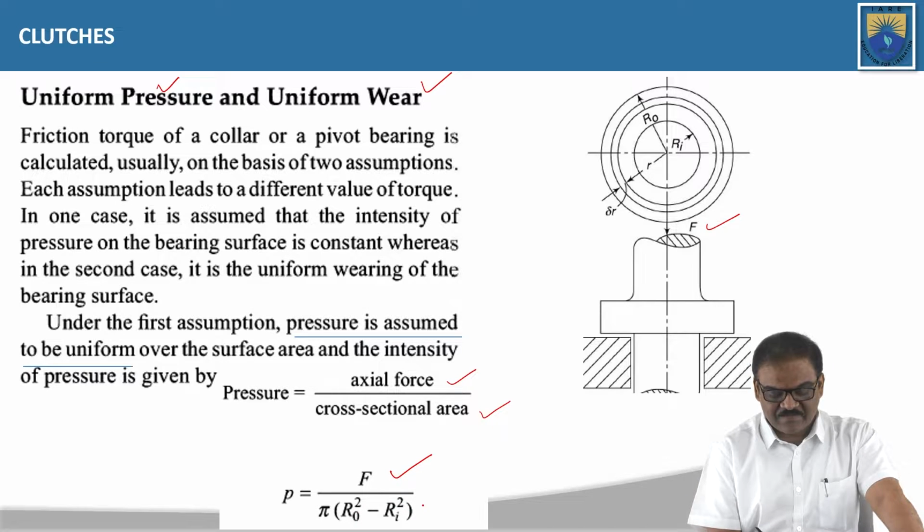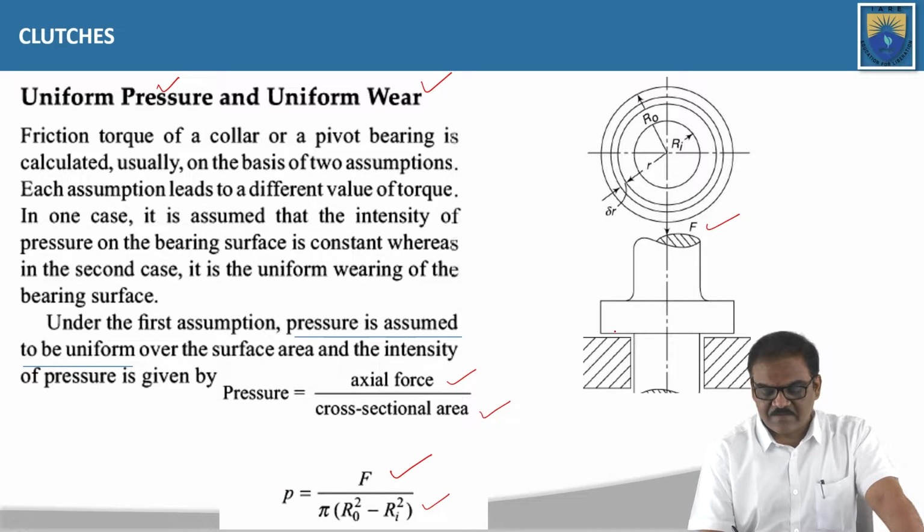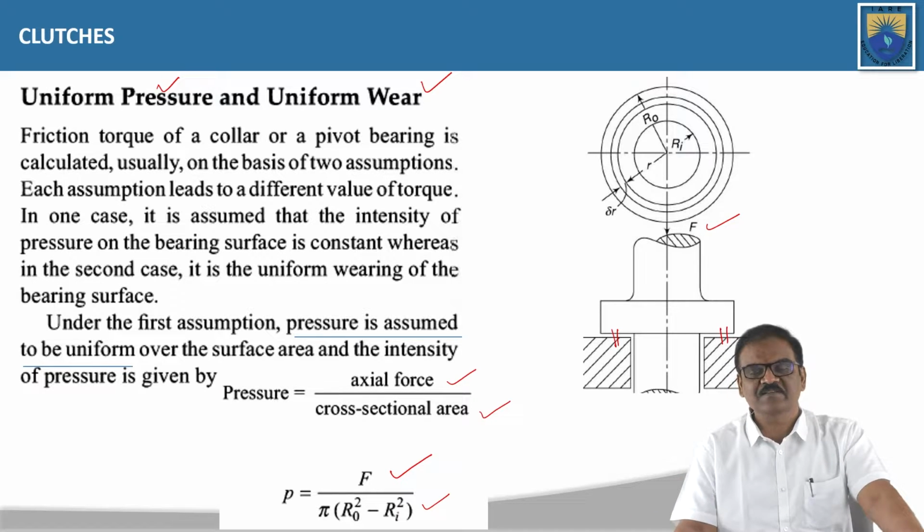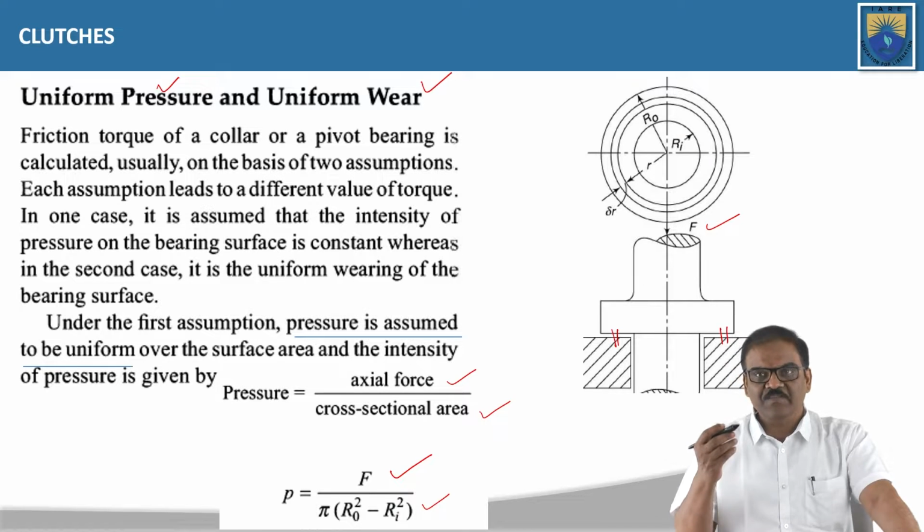This is the cross-sectional area. This is the pressure intensity that will be there between the journal and the bearing, or a clutch and clutch plate. It is assumed the pressure is uniform throughout its life.